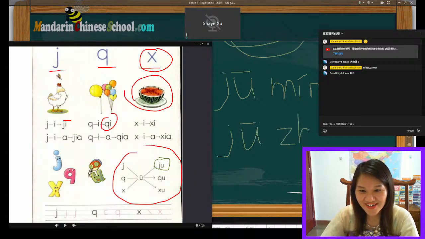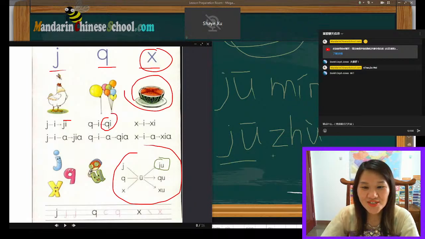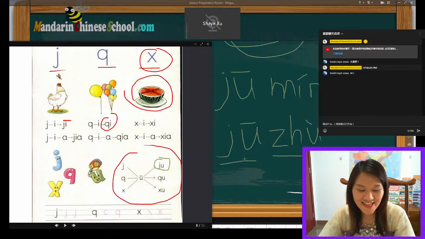And this one, can you try this one? How do you say this? 居住，你说对了吗？Did you get it? Did you say it right?